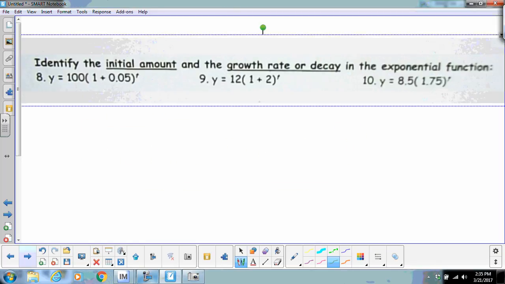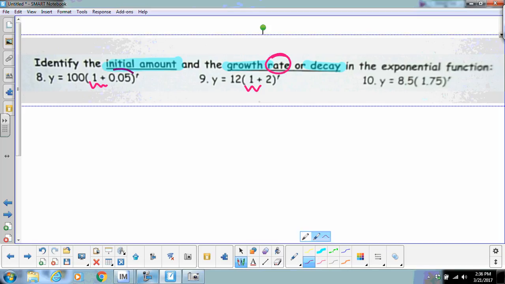All right, and then down here at the very bottom, the only thing you had left is to identify, they want you to identify basically 3 things: the initial amount, whether it's growth or decay, and the rate, okay? And those are 2 separate things, so make sure you do that, okay? The first couple are pretty easy because they're still in 1 plus form, okay?